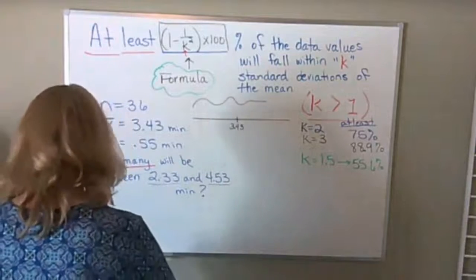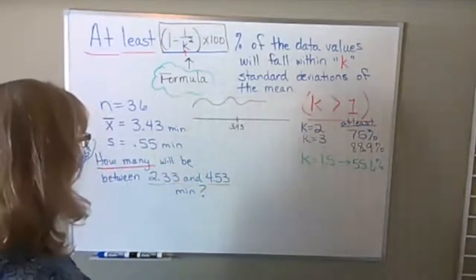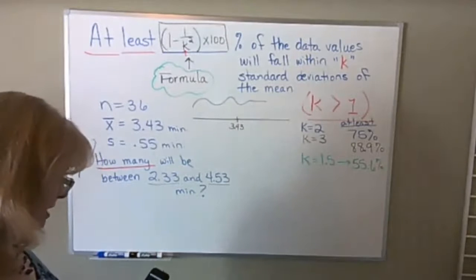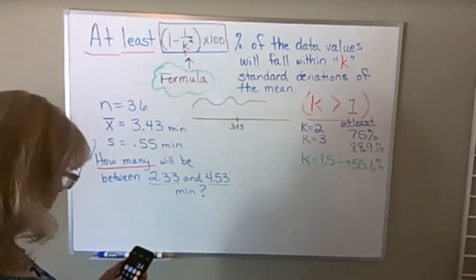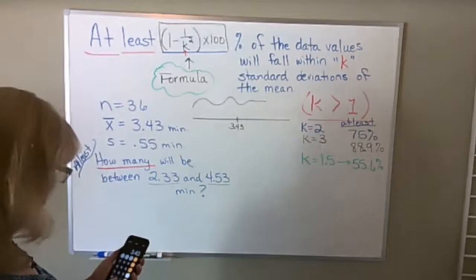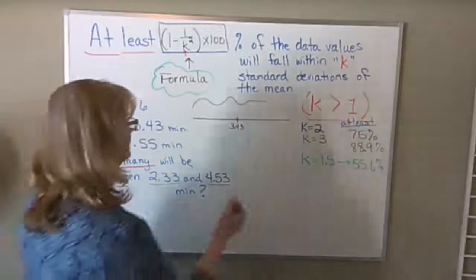So first I'm going to go within one standard deviation. The standard deviation was 0.55. So I take the mean, 3.43, and add 0.55. That gives me 3.98.